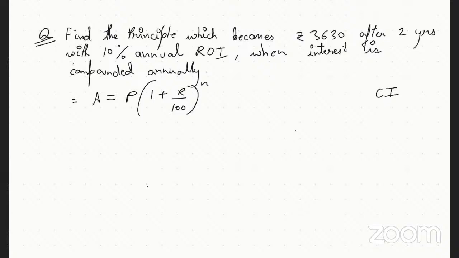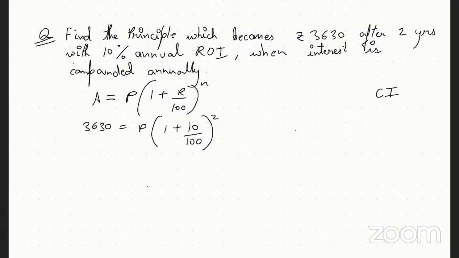So in the place of amount I will write 3630, equals principal, which I don't know, so P as it is. R is 10, so 1 plus 10 by 100, raised to the power N. N is 2, after 2 years.